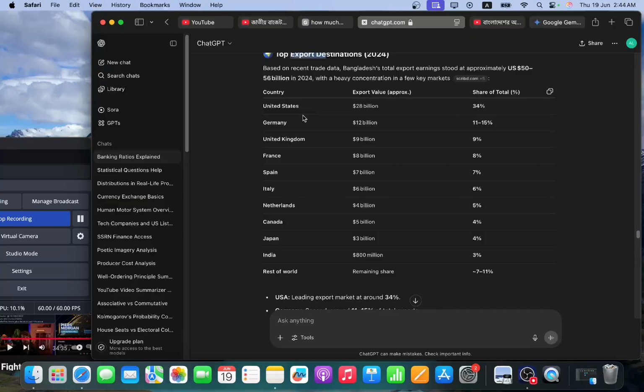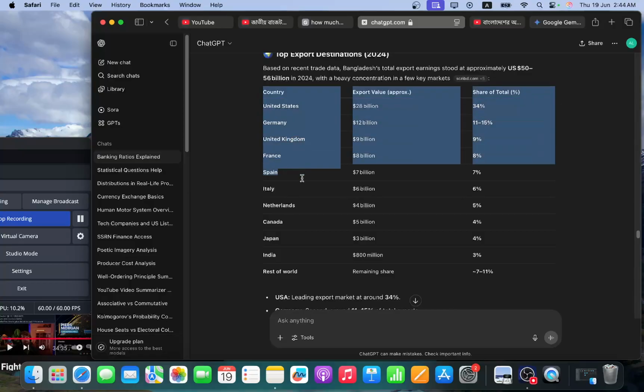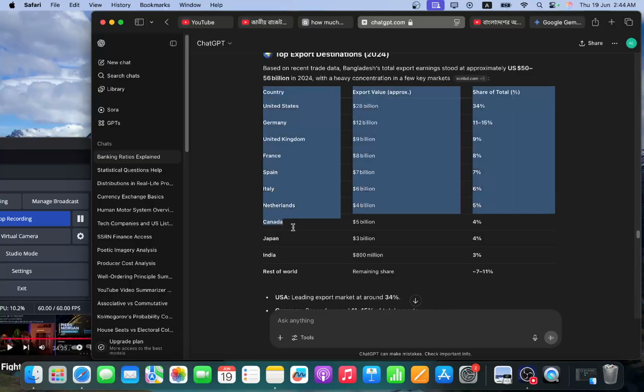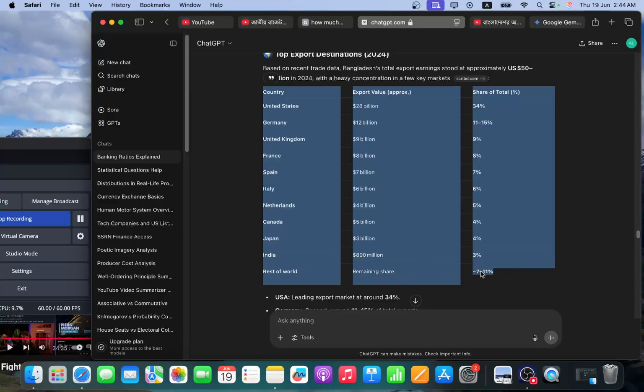So 38% from USA. Germany, another key figure, is 12 billion, which is around 11 to 15%. United Kingdom, 9%, 9 billion. France is 8%. And then we have Spain, 7%. So these are all top tiers. We are also exporting to Italy, Netherlands, Canada, Japan, India, and the rest of the world.